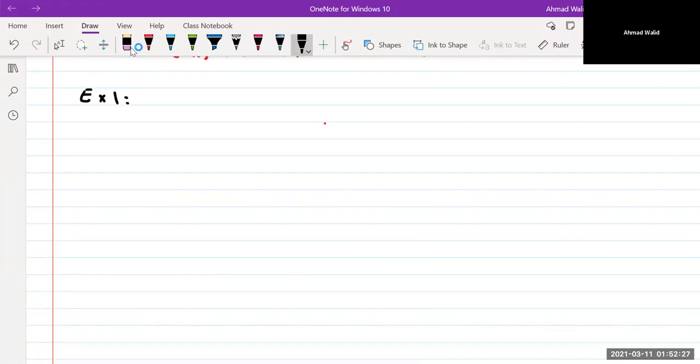Example number one. f of x equals 3x minus 4, and g of x equals, let's say, for example, x plus 5.